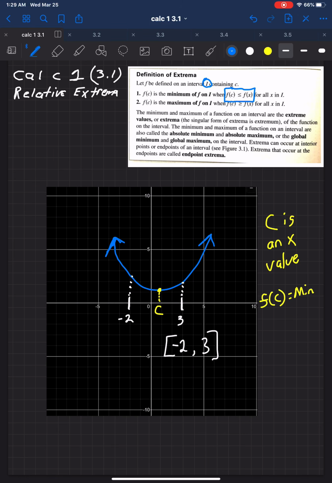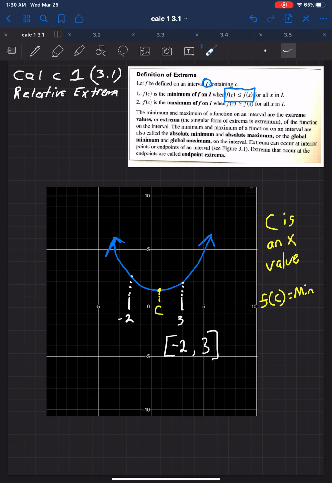Do you understand that what I'm saying is, look, if you're standing right here at C, if you were to walk to the right or to the left, let's look at it like you're on the graph here. If you were to deviate slightly to the right or slightly to the left, you would be at a y value that is greater than you are if you would have just stood still.